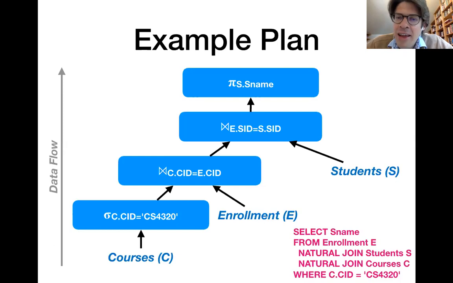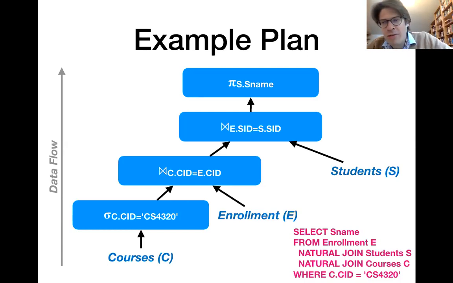And finally, it only wants to retrieve the names of the students which are enrolled in that course. So the data flow always goes from the bottom of the screen towards the top of the screen.